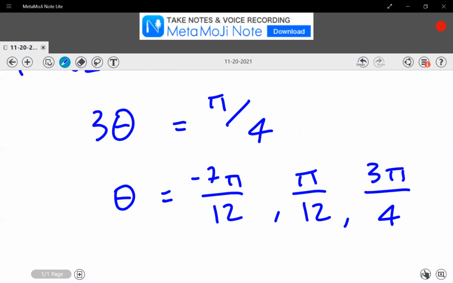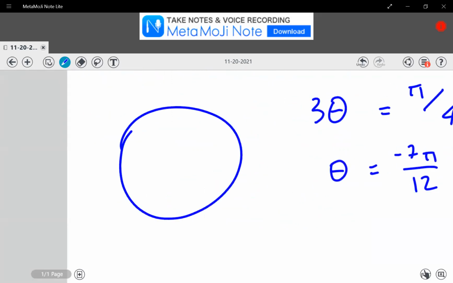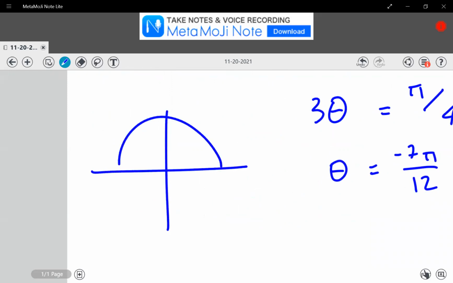All right. So we are essentially going around our unit circle here, and we are making it so that our domain is between 3 pi and negative 3 pi, instead of pi and negative pi.